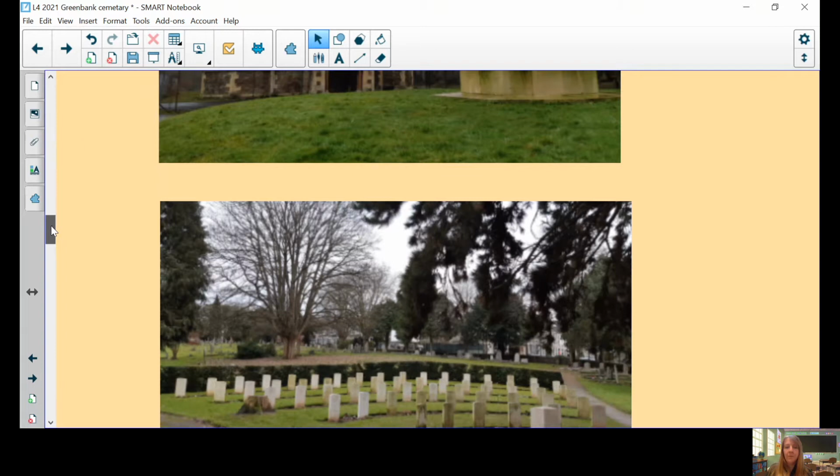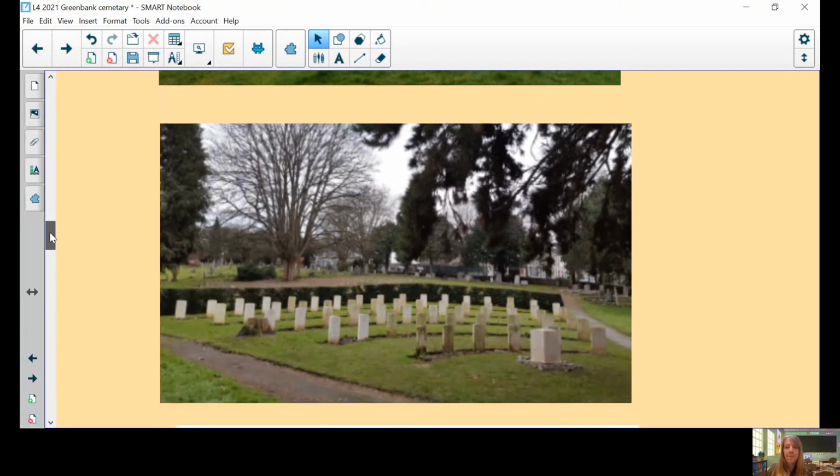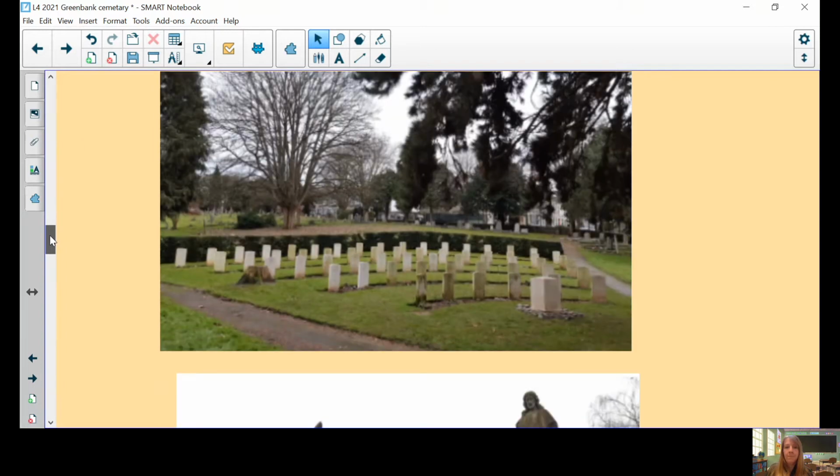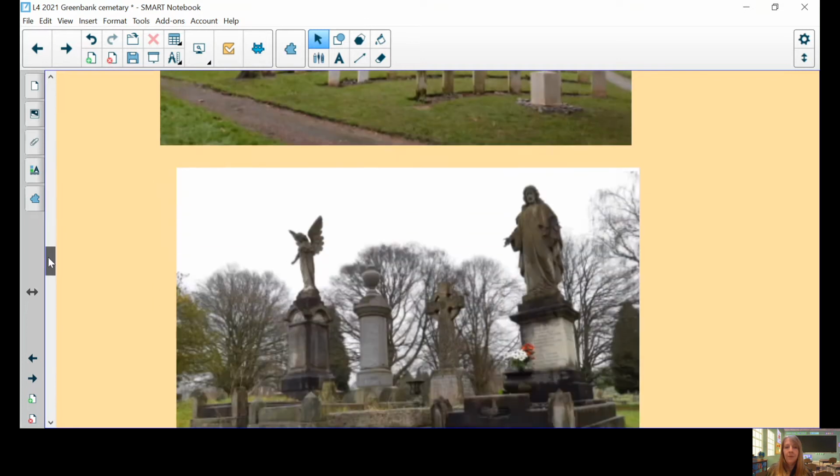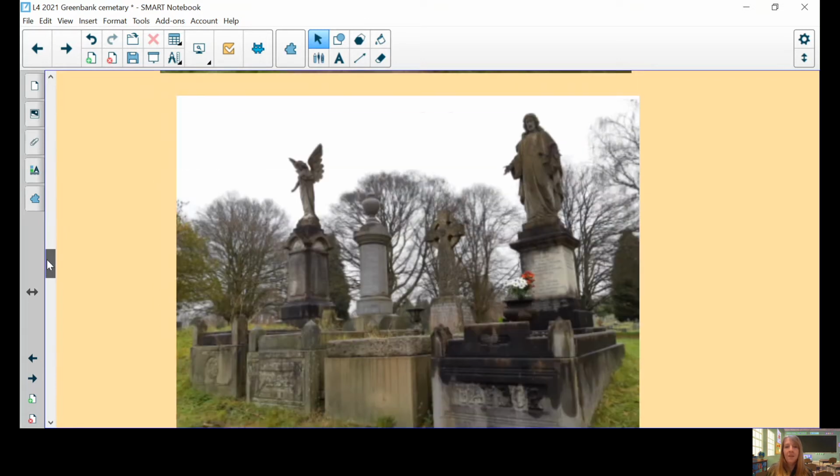What can you see? Do all of the graves look the same?